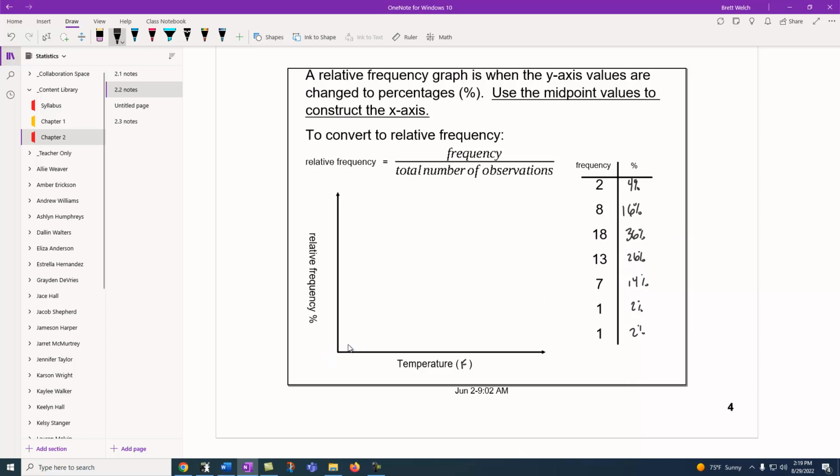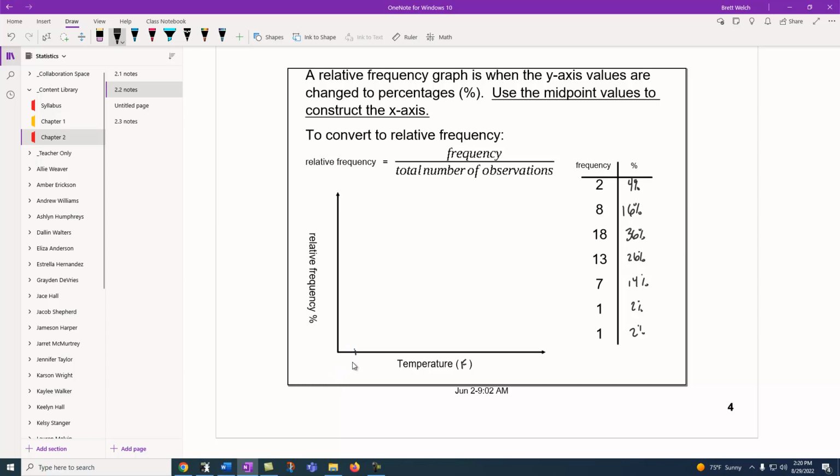Okay, on the bottom, we're going to use the midpoint values again. So I'm going to start here for my relative frequency graph. I am going to start with the x-axis starting at, what is it?